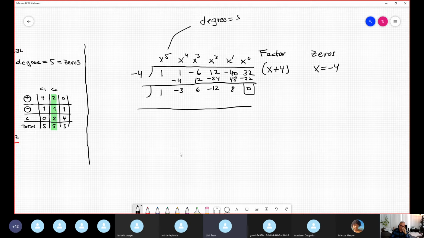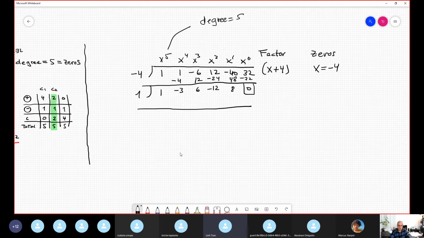However, when you are doing synthetic division, the new polynomial que you get in the answer at the bottom here has degree 4, so reducing, because you factor out x plus 4 and stay, in hypothetical parentheses on the right, another polynomial with degree 4. And what is this polynomial? This polynomial: x to the 4th power minus 3x to the 3rd power plus 6x to the 2nd power minus 12x plus 8.